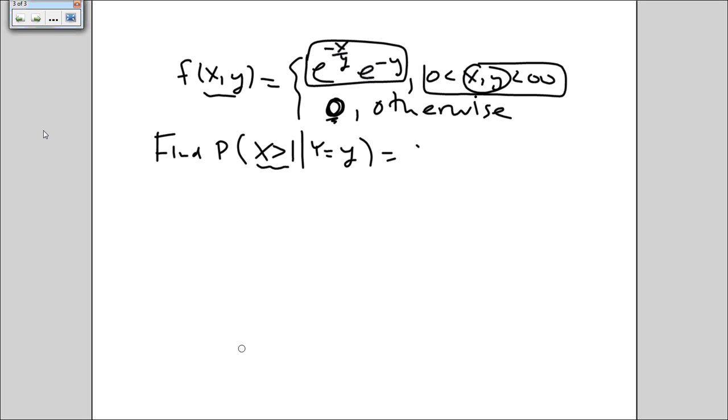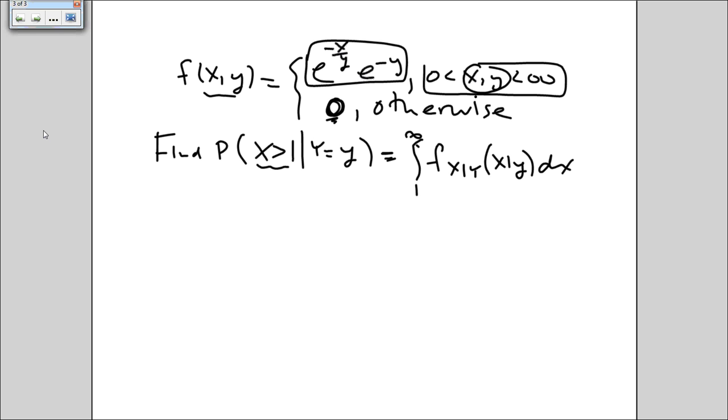So, exactly what does this mean? This is equal to the integral, x goes from negative infinity, of f sub x given y of x given y, but only x is changing.